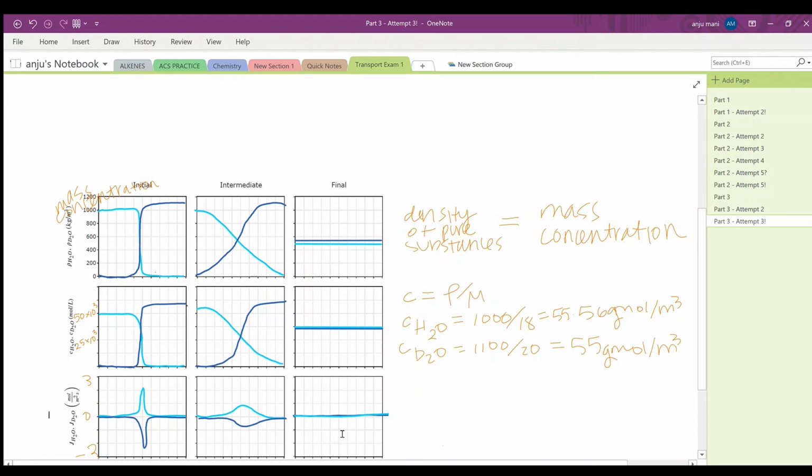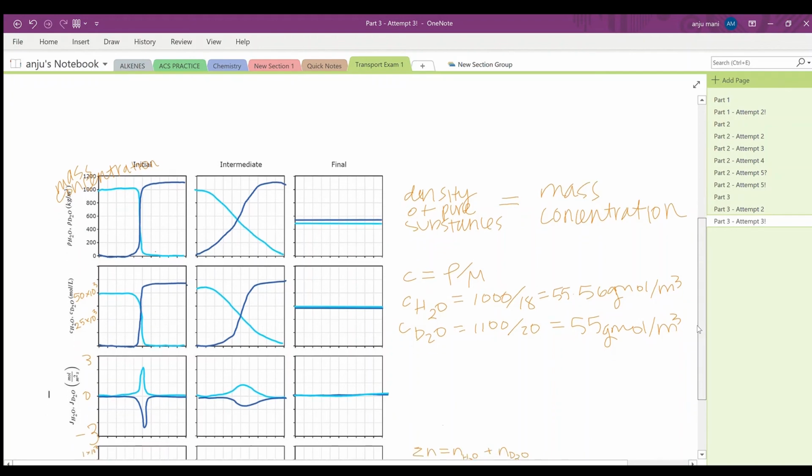And then finally, this portion here, we've reached steady state once again. So there is no molar flux. So both our components are at 0 molar diffusive flux.